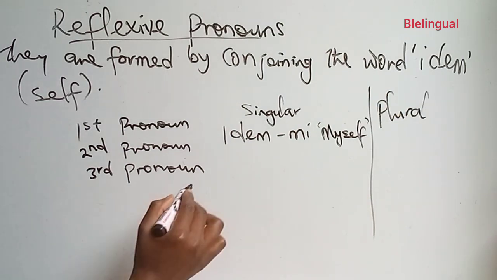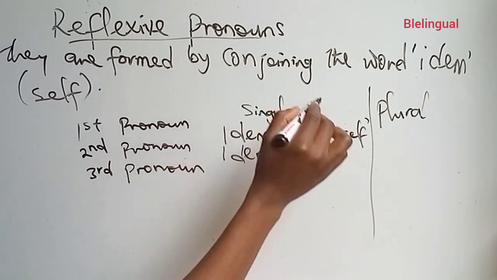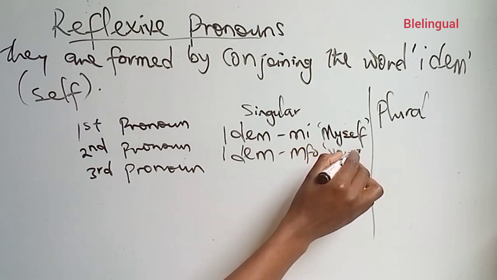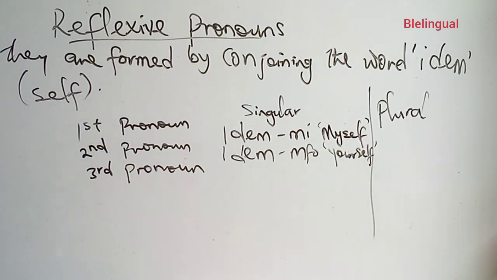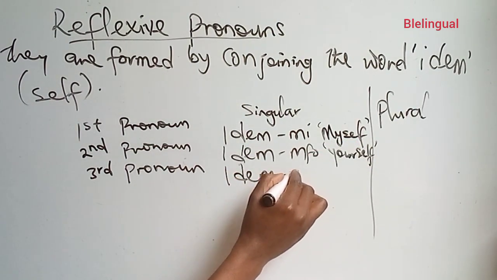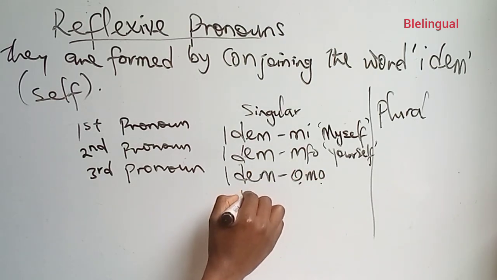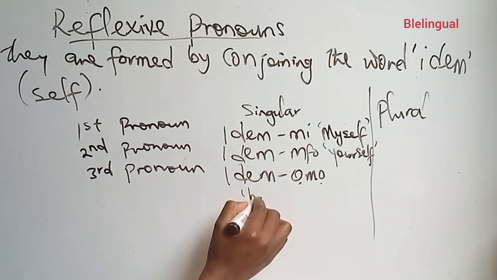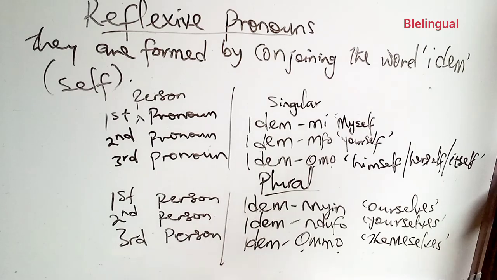For the second person singular, we have idem mfo, yourself. For the third person singular, we have idem omo, that is himself or herself or itself.